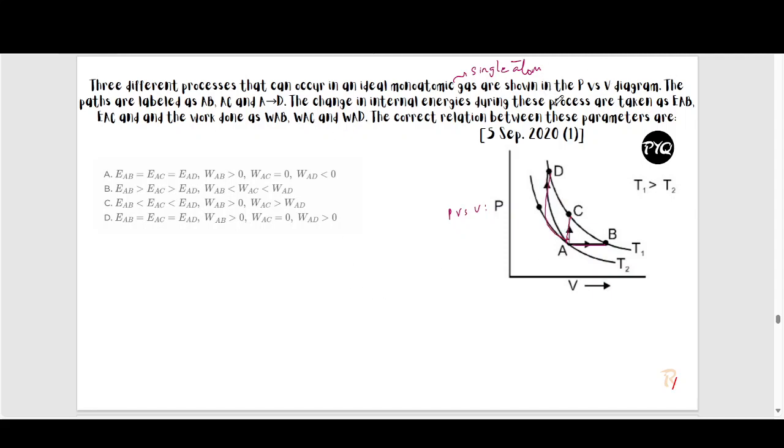The changes in internal energy during these processes are taken as EAB, EAC, and EAD. The work done is taken as WAB, WAC, and WAD, and find the correct relation between the parameters. This is a question of JEE Mains 5th September 2020.